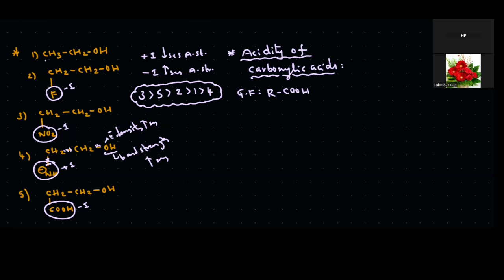Generally, after removal of H plus, RCOOH is converted to RCOO minus. This is the conjugate base of this acid. It is the acid, and this one is the conjugate base, also called the carboxylate ion.